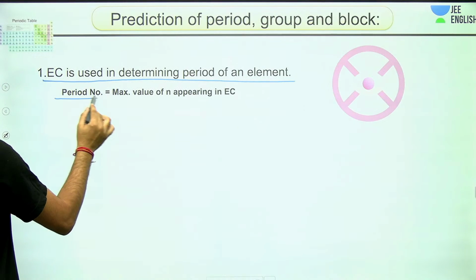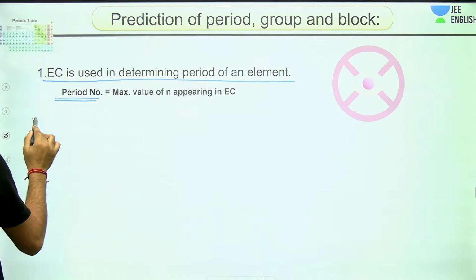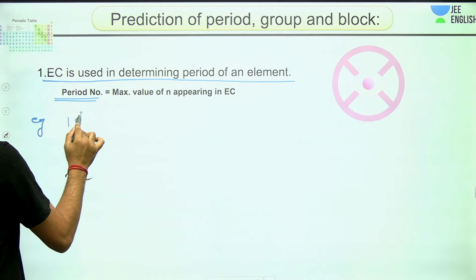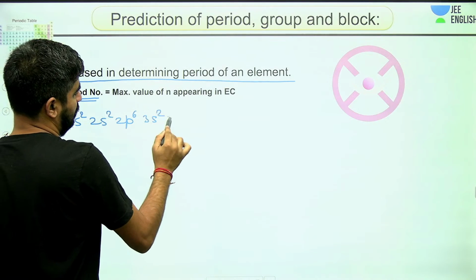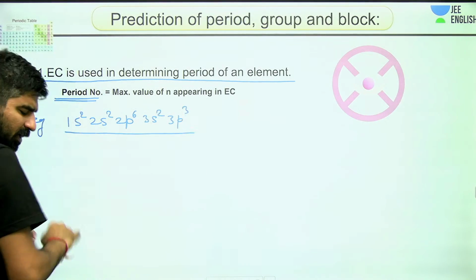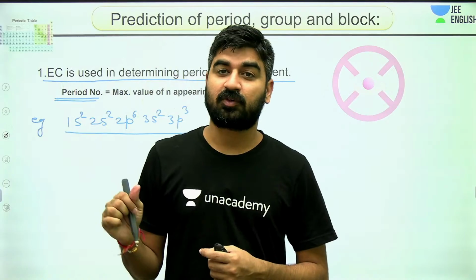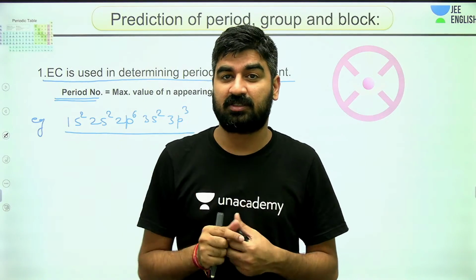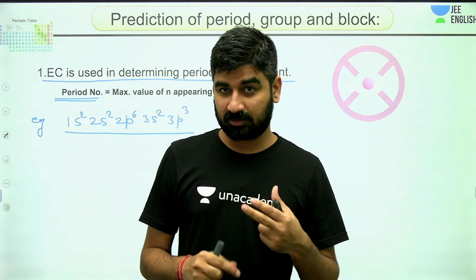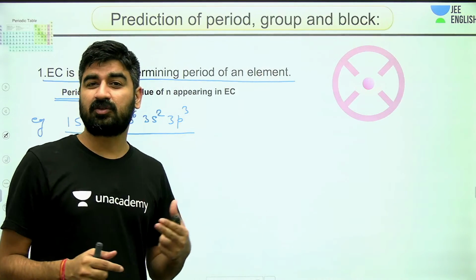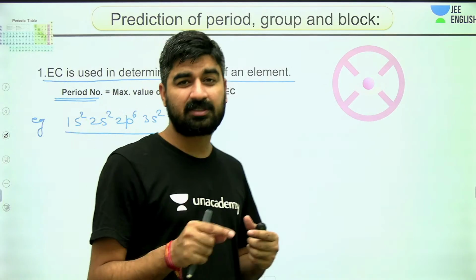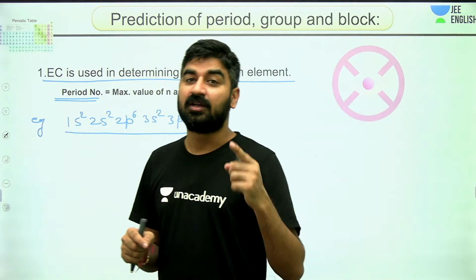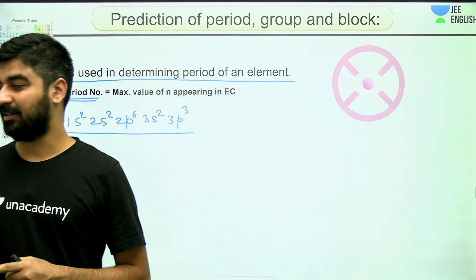So what will be the period? Suppose I'm giving you 1s2, 2s2, 2p6, 3p3. I don't know for which element this configuration is there. But if I ask you, can you tell me the period of that element? So guys, just by looking at the configuration, yes, you can tell the period.